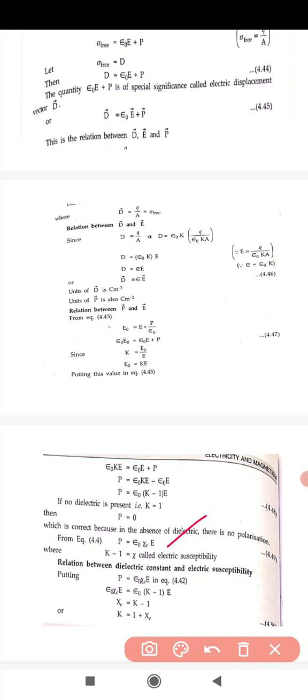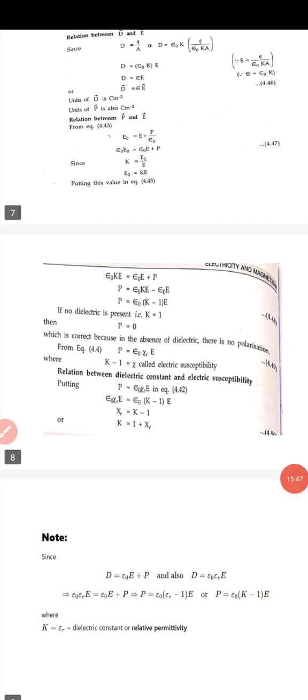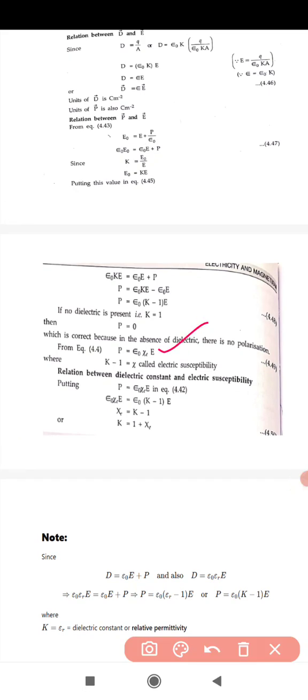Therefore, P is equal to, we know from equation 4.4, D is equal to epsilon naught into E plus P. Therefore, in terms of P, P is equal to epsilon naught into chi E into E. Here the polarization vector P is epsilon naught chi E into E. Therefore, K minus 1 is equal to chi E. We get this from the equation: P divided by epsilon naught into E. Rearranging this equation, P divided by epsilon naught into E becomes K minus 1, which is equal to chi E. Chi is the electrical susceptibility.